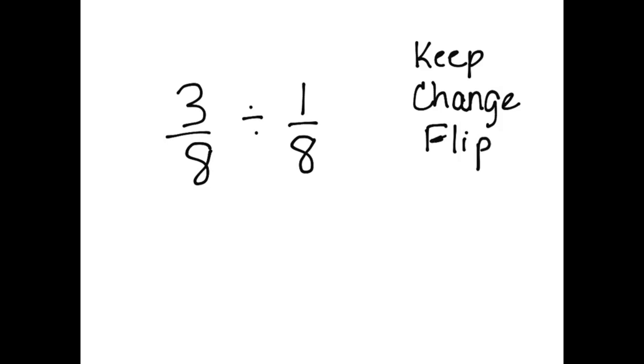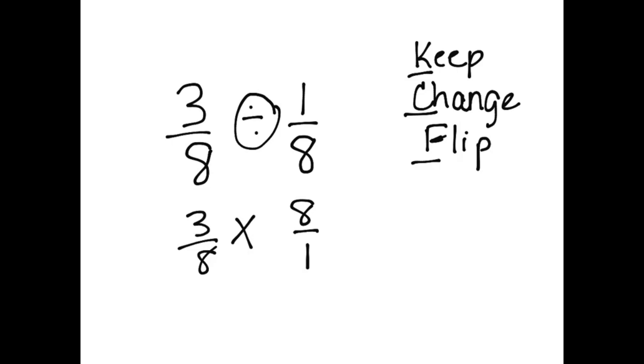Well, the first thing we're going to do, we're going to keep 3/8. So that's our keep. Then we're going to change our division into a multiplication sign. And now we're going to flip 1/8 into 8 over 1.